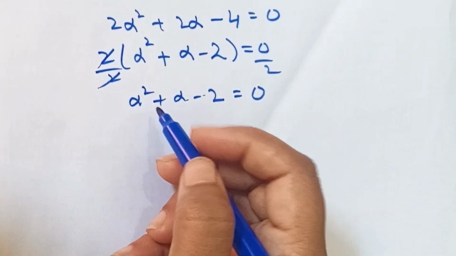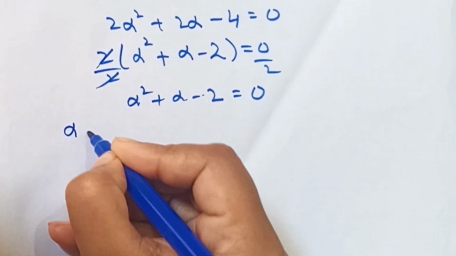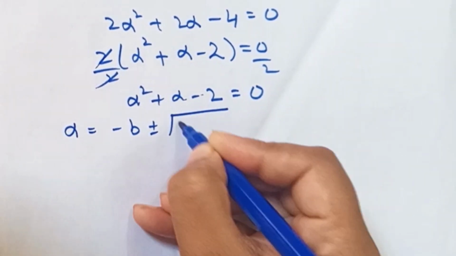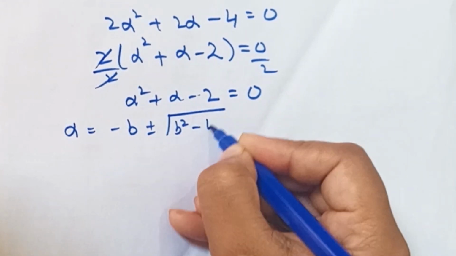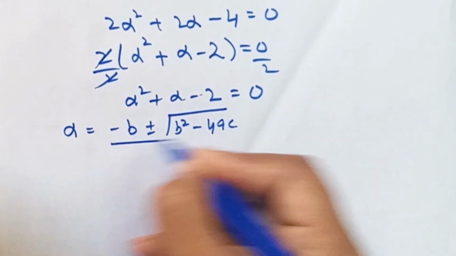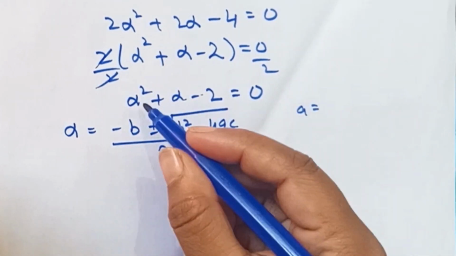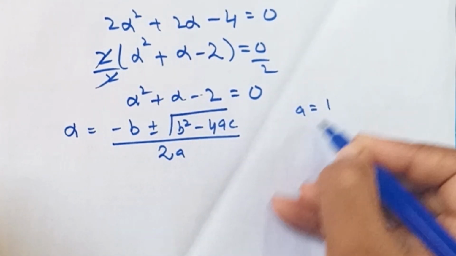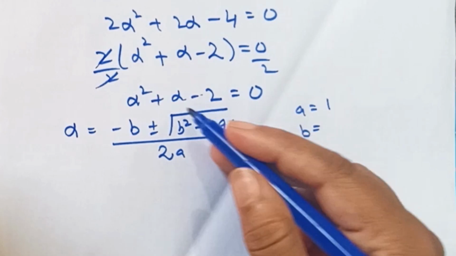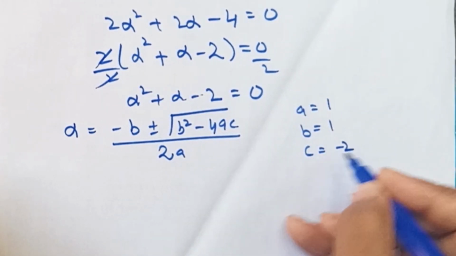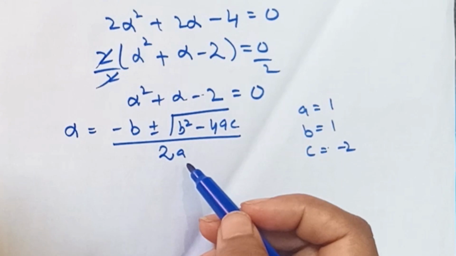And now this will become a quadratic equation. So we use the quadratic formula, and the formula is alpha equals minus b plus minus square root of b square minus 4ac, over 2a. And a is the coefficient of alpha square, which is 1, b is the coefficient of alpha, which is 1, and c is the constant, which is minus 2. Now we substitute these values in this formula.